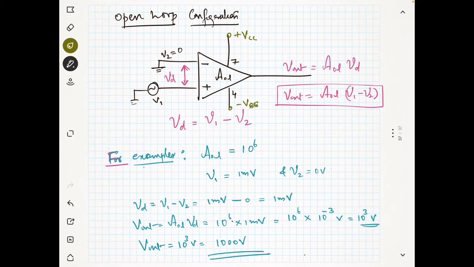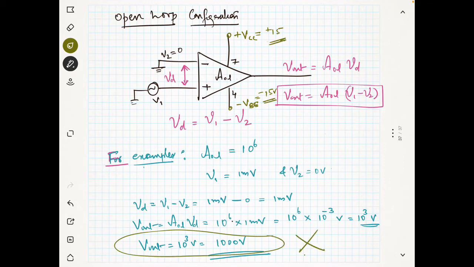Usually this is given as plus 15 volt and minus 15 volt, but I am getting an output of 1000. Is it possible? No. So what will be the output?